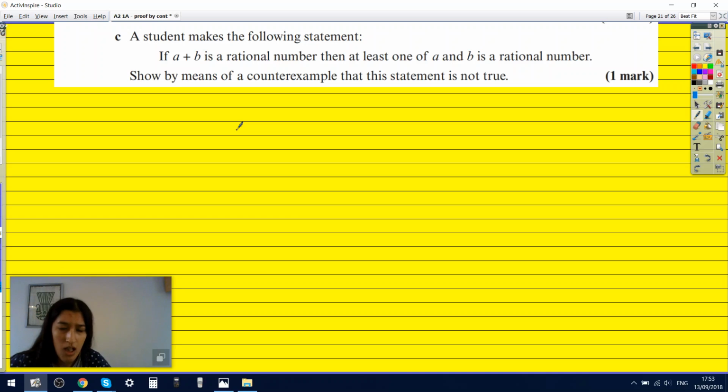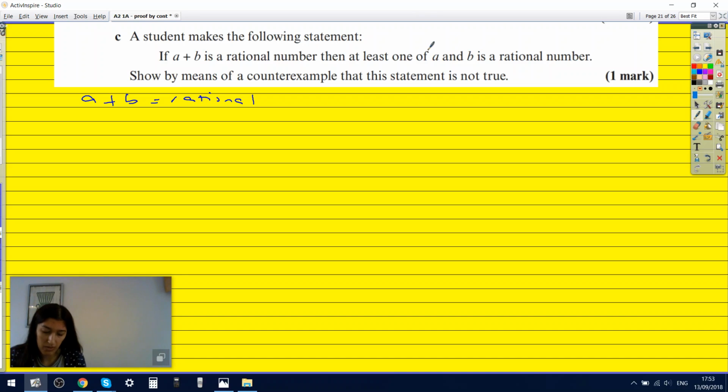So a plus b is rational. They said at least one of a and b is rational. So we need two irrationals to make a rational. Yeah, we could do, they're both irrational.